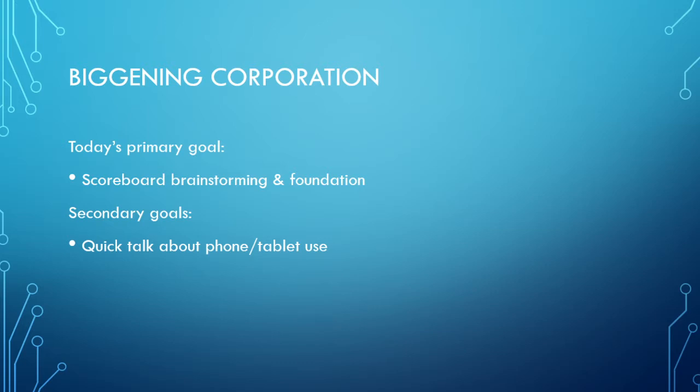So we'll focus today on how we are going to keep track of that data and what makes sense to measure over time. I want to start off with a real quick thing about phone and tablet use.